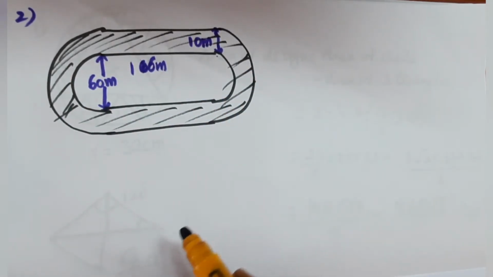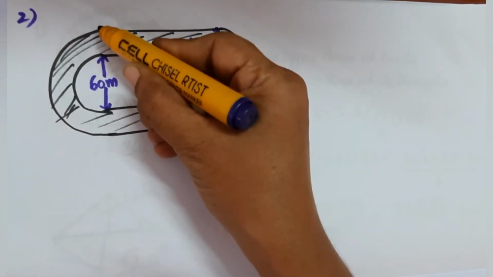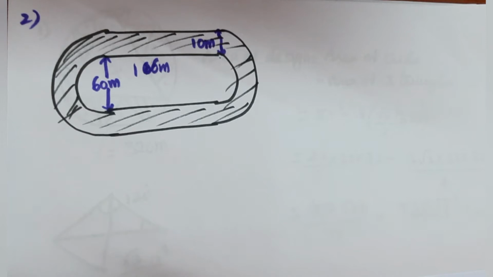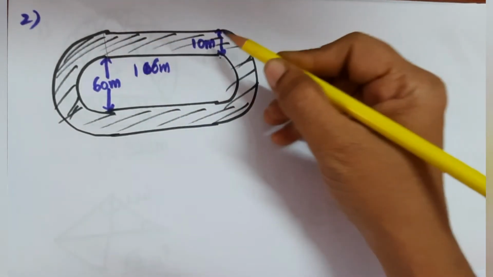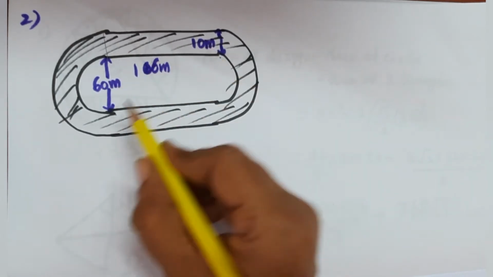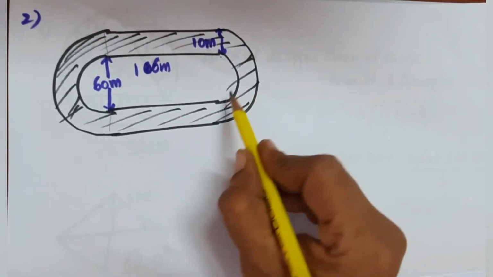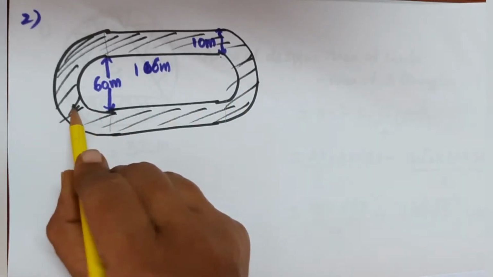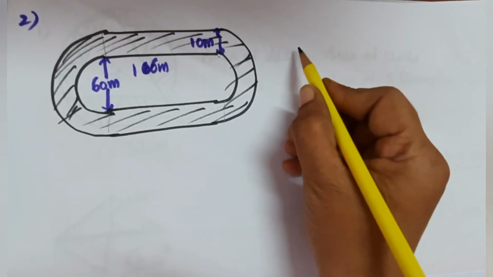If we closely observe this diagram, we can divide this into three parts. That is, one will be a rectangular portion, one here, one rectangle here, so two rectangles. As well, here we are getting two semicircular rings.